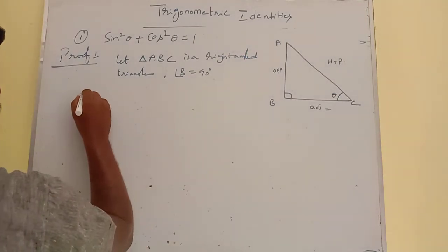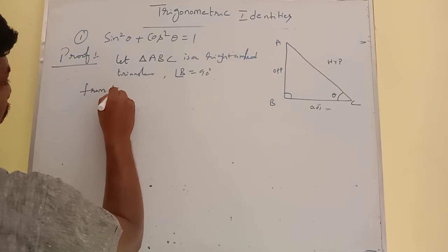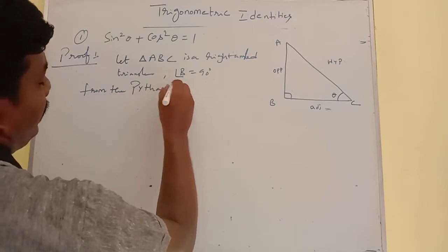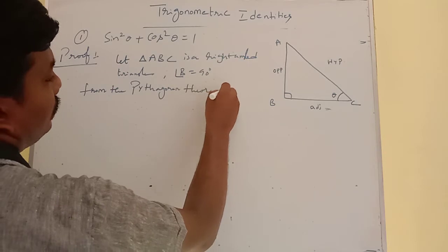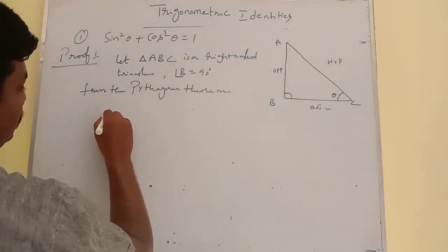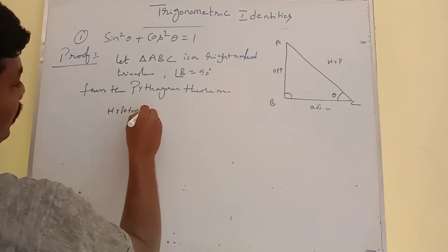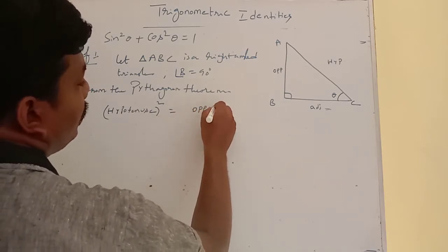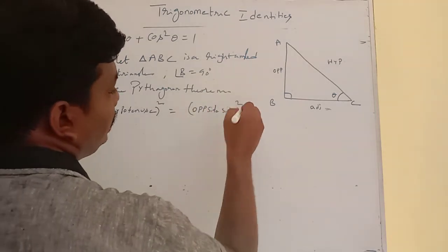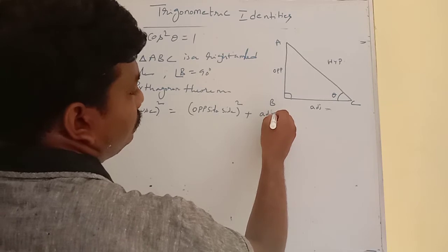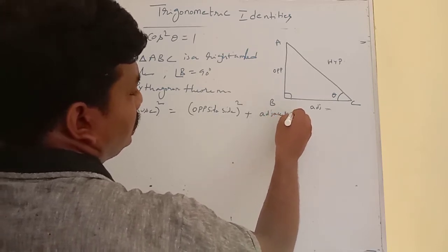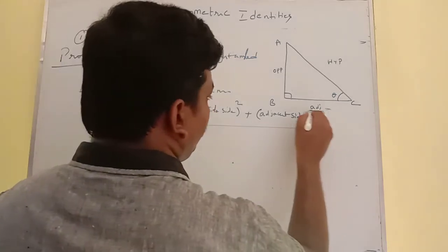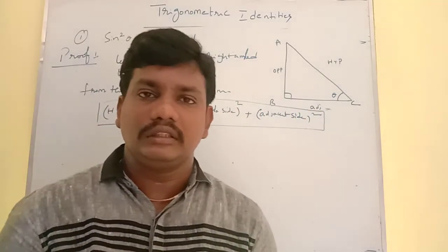Now from the Pythagorean theorem, hypotenuse square is equal to opposite side square plus adjacent side square.